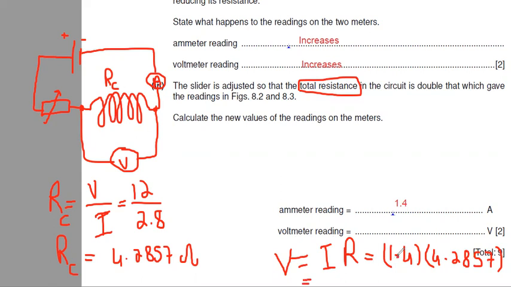When the current is now 1.4, what will be the voltage? After calculating this, the voltage will be 6 volts. So we will write that the value of the voltmeter reading now across the coil will be 6 volts. And that's it for this.